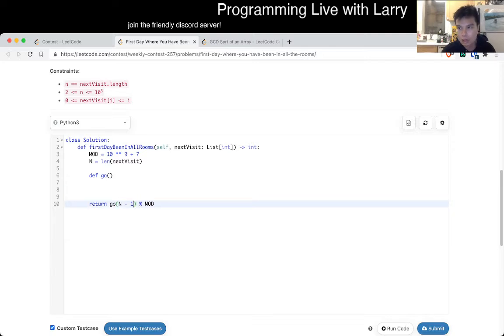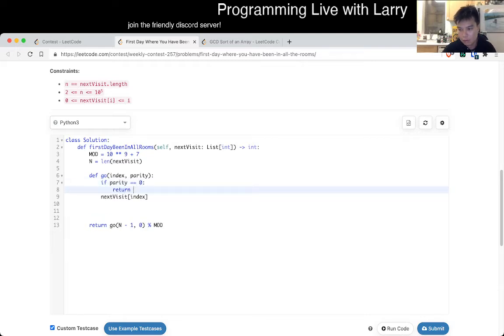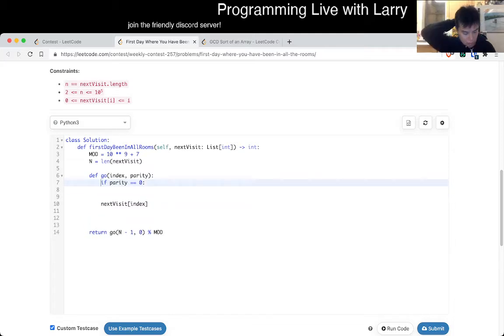I guess it doesn't really matter, but index, but so the number of ways to get to here is just equal to explicit of index, if parity is equal to 0, then we return, looking backwards.